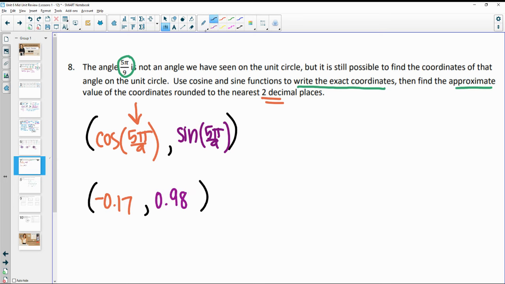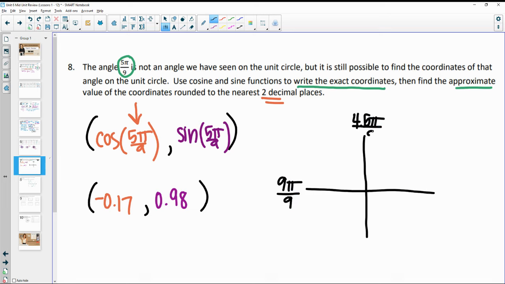And then I like to draw a sketch to make sure that these make sense in case I type something in wrong or have my calculator in the wrong mode. So if we were going to split this top half by 9, so if this was 9 pi over 9, because that's 1 pi, then halfway through would be 4.5 pi over 9.